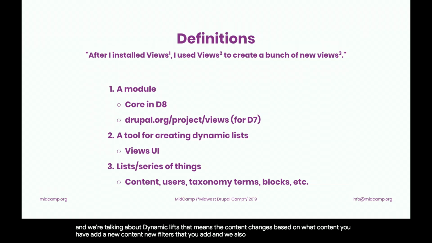And we also use the term views to describe the list itself. So the list of things, which could be content or users or taxonomy terms, blocks, almost any sort of entity.